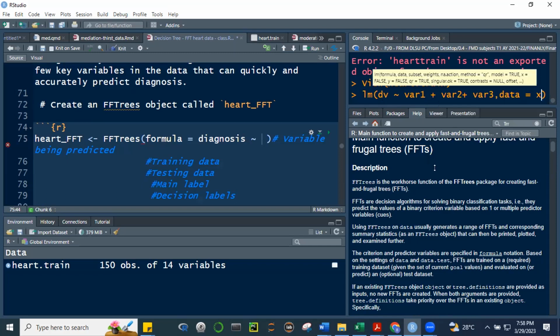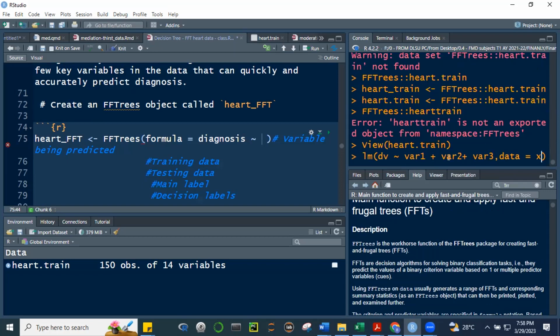Okay, so this is the generic formula ng linear regression model sa R. So, simple lang. LM, linear model. And your DV is whatever your dependent variable is. And then regressed on, ito yung mga independent variables. Variable 1, variable 2, variable 3. No? And then data is equal to whatever the name of your data is. Now, if you're including all your variables as your independent variables, except of course your dependent variable, pwede mong gawin yan, i-replace mo to ng dot. Ganyan.